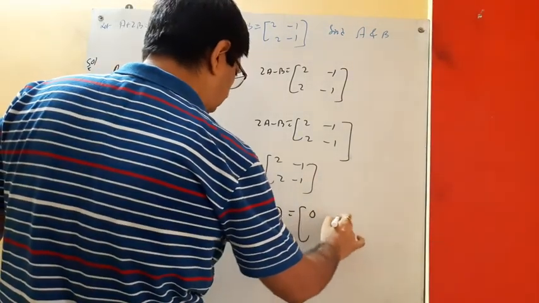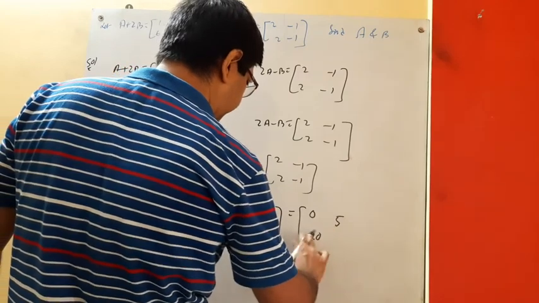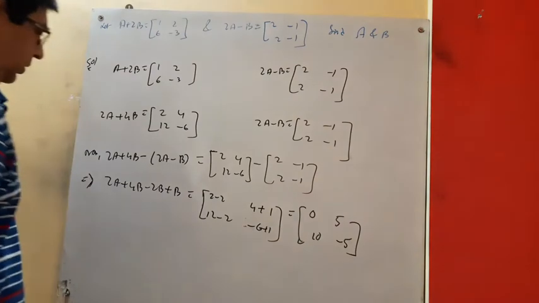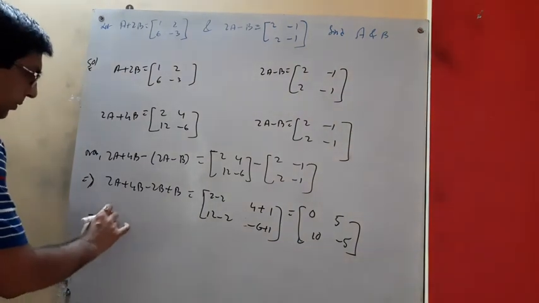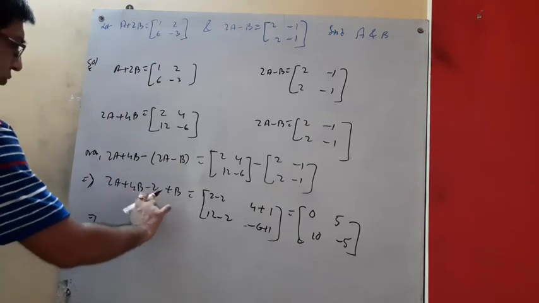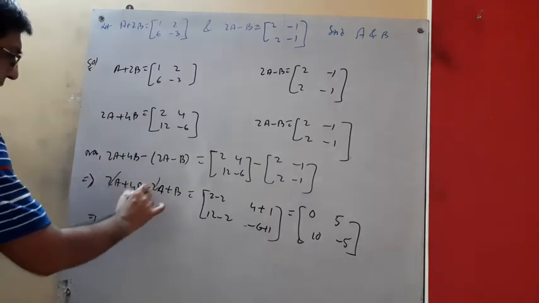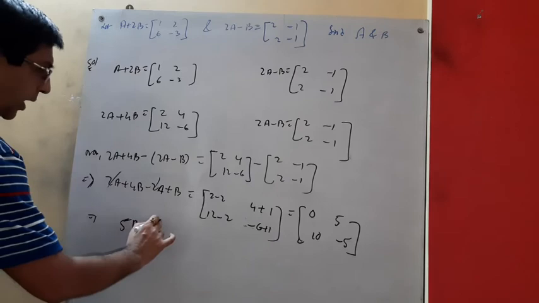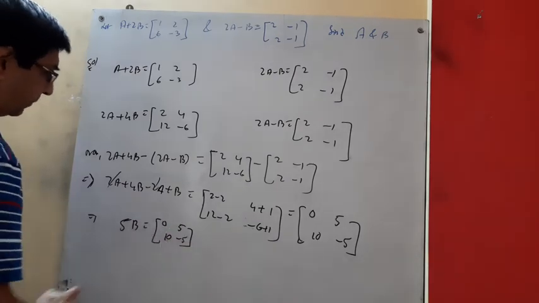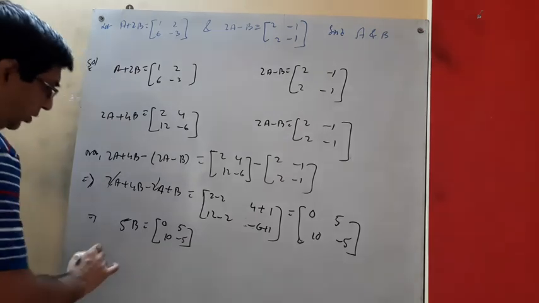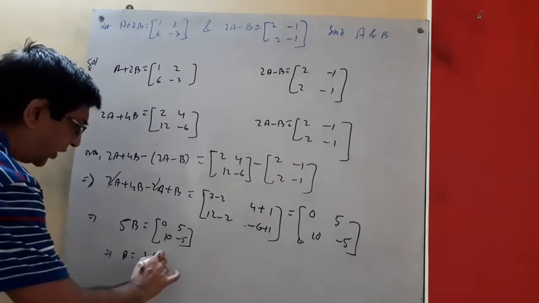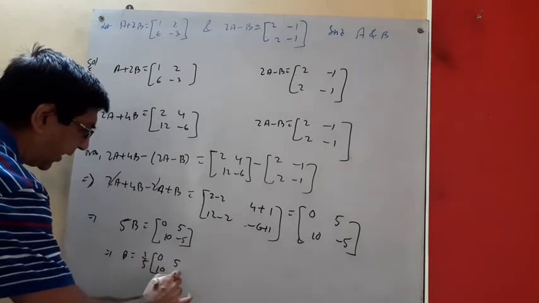That is 0, 5, 10, minus 5, right? So what we are getting? Sorry, this is 2A. 2A cancels. So 5B equal to this one, 0, 5, 10, minus 5. That means we are getting B equal to dividing by 5, 0, 5, 10, minus 5.